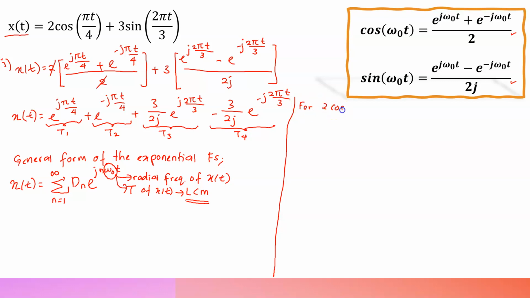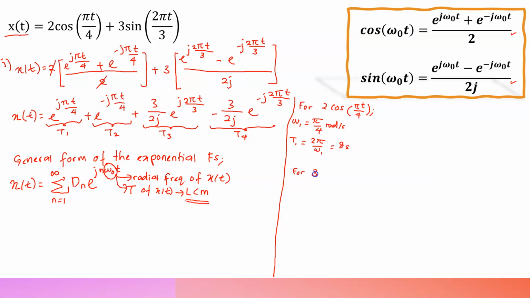So for 2 cos(πt/4), the radial frequency of this signal, let's call it ω1, is π/4 radian per second. So the period for this signal, let's call it T1, is 2π over ω1, which is 8 seconds.